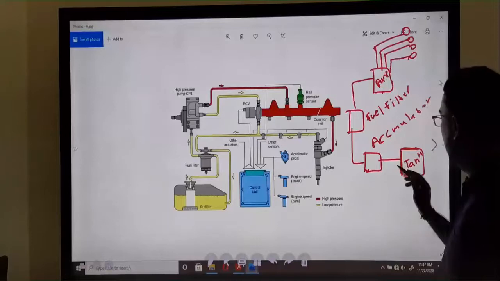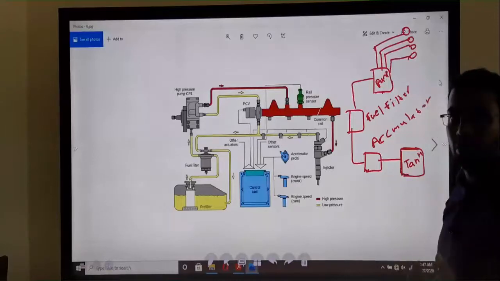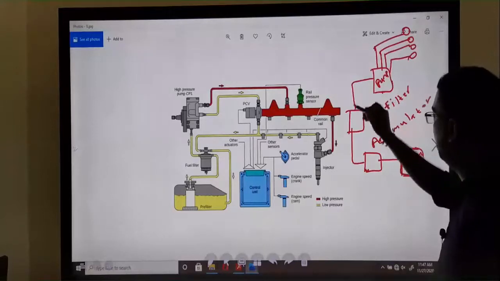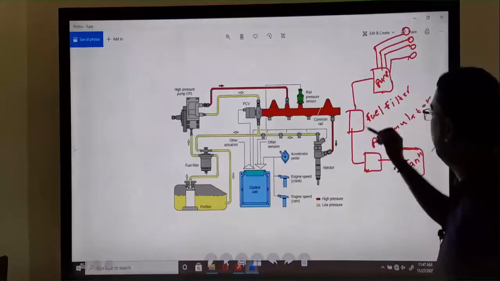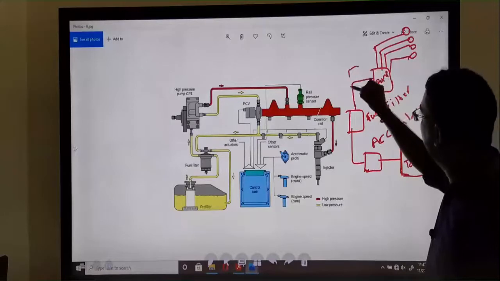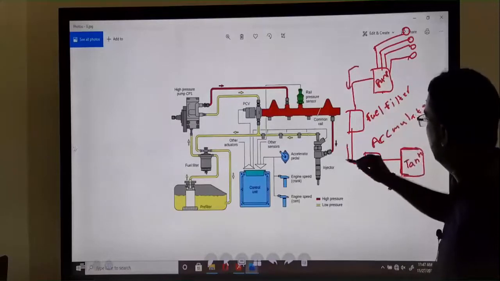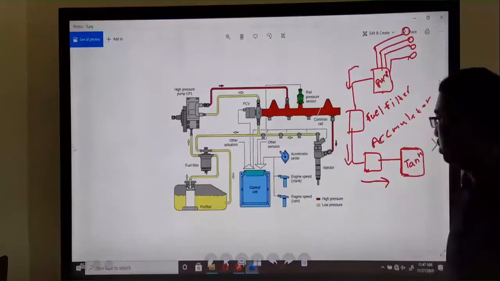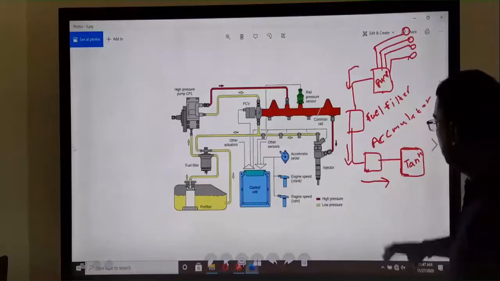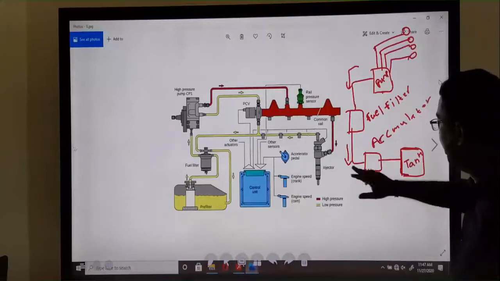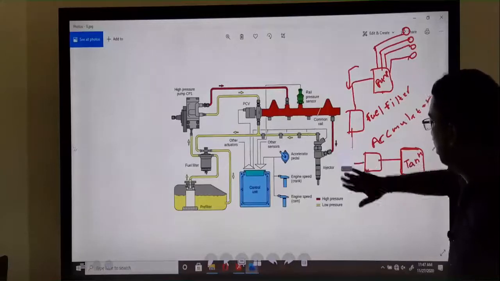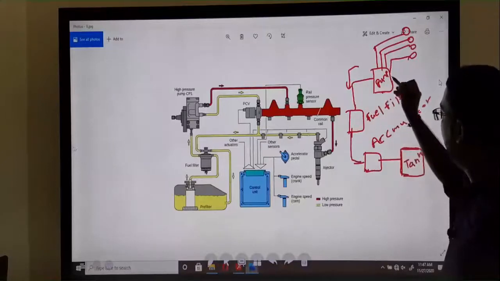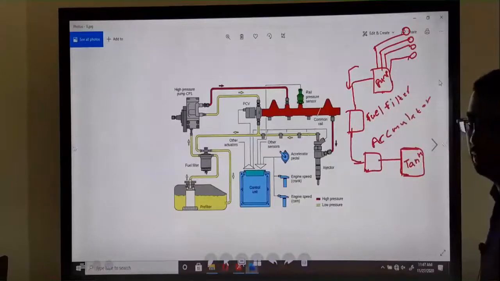When we turn off the ignition switch, there is a pressure drop here, and the fuel goes back down to the tank. So there is no fuel in the pipe. When starting the vehicle, it is hard to pull the fuel because there is no pressure in the supply pipe.